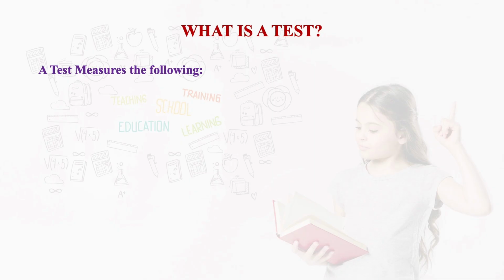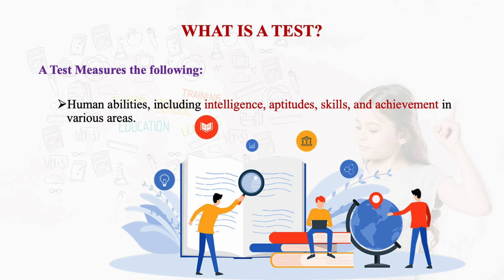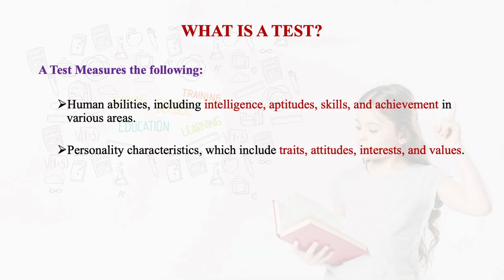To understand more about what a test is, we can say that a test measures the following. What are the different abilities a test measures? First of all, human abilities, which include intelligence, aptitude, skills and achievement in various areas. And further, personality characteristics, which include different traits, attitudes, interests and values.